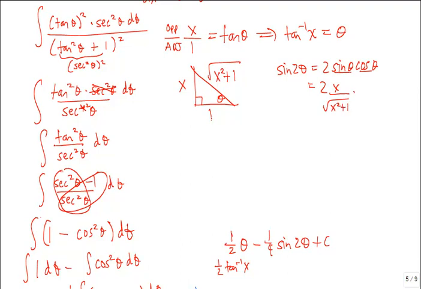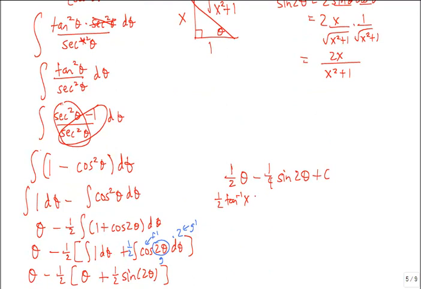Cosine is adjacent over hypotenuse, so 1 over the square root of x squared plus 1. Square root times the square root makes the square root go away, so the bottom is just x squared plus 1, and the top just becomes 2x. So that goes right here, multiplied by that minus 1/4 that we had out front.